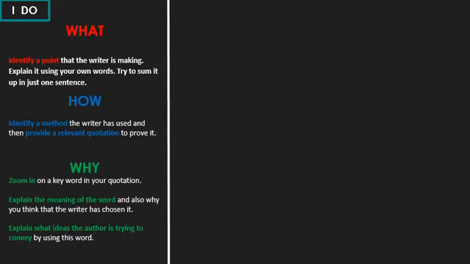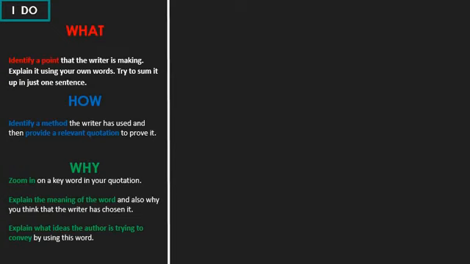So you need to identify a point that the writer is making. So explain it using your own words. Try to sum it up in one sentence. Then you're going to identify the method the writer has used. So it could be simile, repetition, etc. And then provide a relevant quotation to prove it.